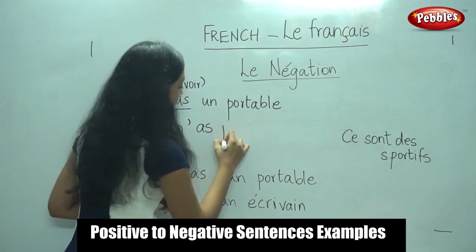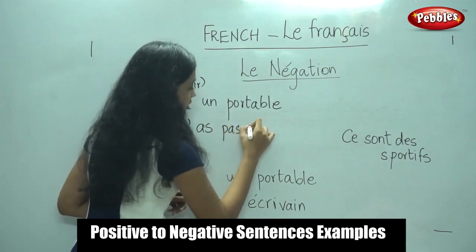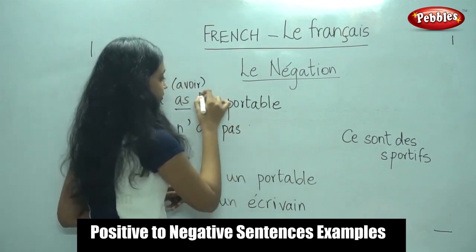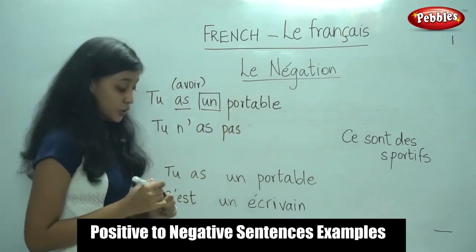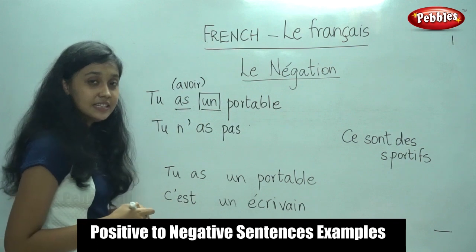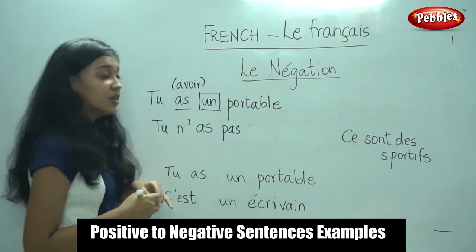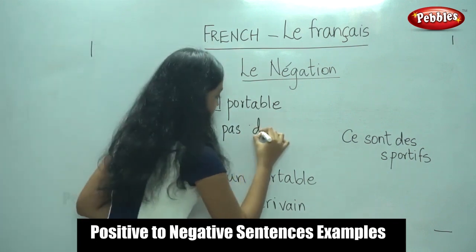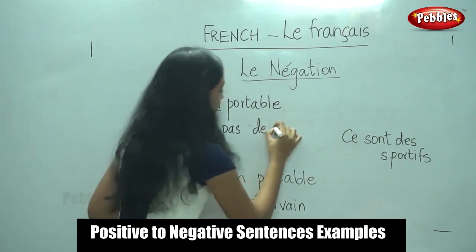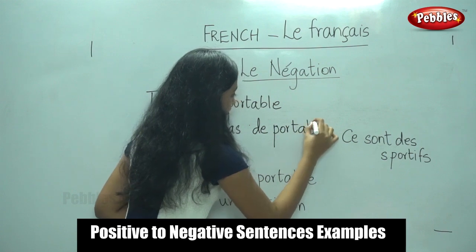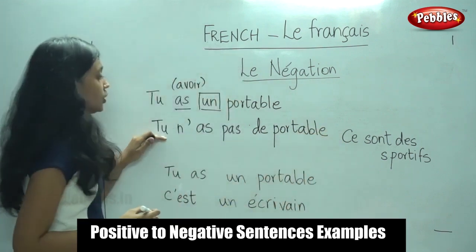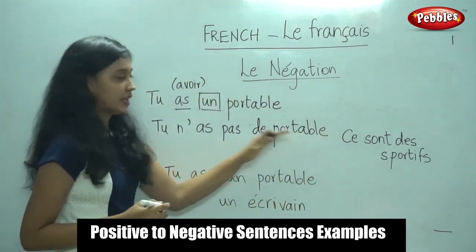Tu n'as pas. So here also we have an indefinite article. Do you remember what we would do when we have an indefinite article? Yes, we would replace it with de. De portable. So, tu n'as pas de portable.